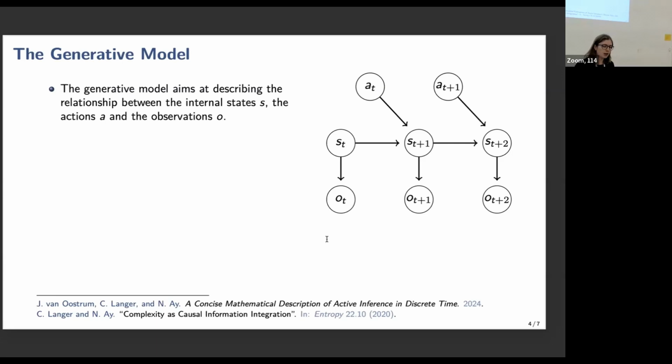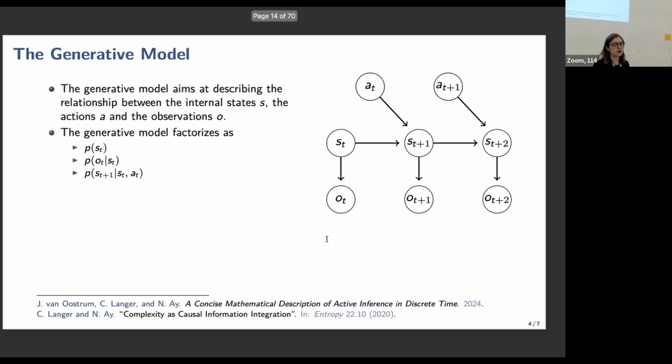As you see on the right, where we have the graphical representation, this internal model factorizes into the following parts. We have a prior over the internal states, P(S_t). We have the connection between the observations given the internal states. And we have the transition probability of the internal states at the next point in time, given the internal states at the last point in time, and given the action.